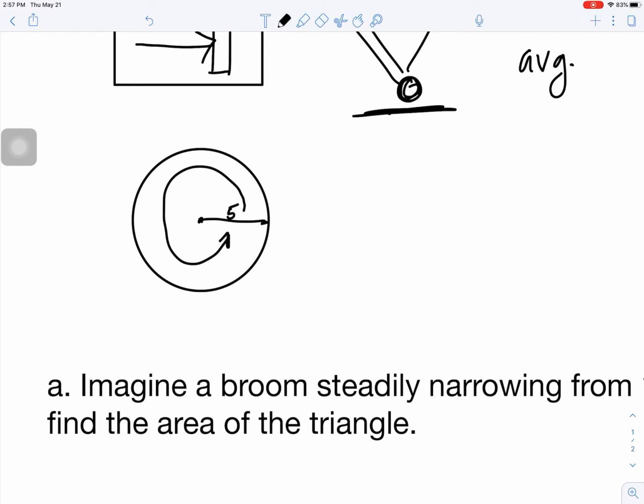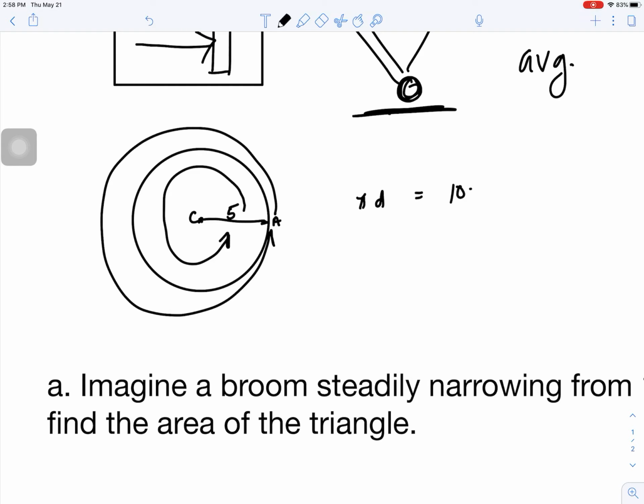We're going to express this in terms of pi. To figure out what it's gone in one turn, we go pi times diameter, which equals 10 pi.